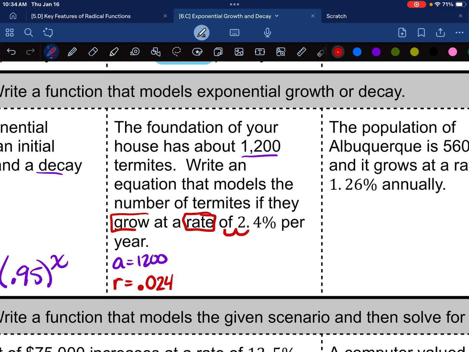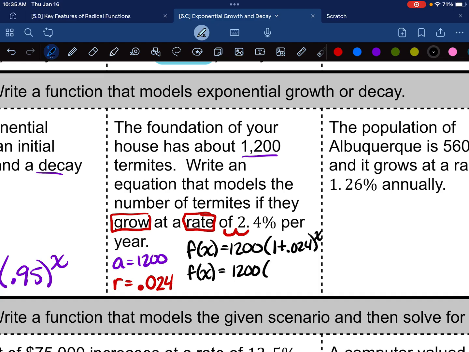Also, it's worth mentioning that it's growing. So I'm going to say f of x equals 1,200 times 1 plus 0.024 to the x. Now when we use this form of the equation, we have to combine those parentheses. So when I add the 1 plus 0.024, I get 1.024 to the x.